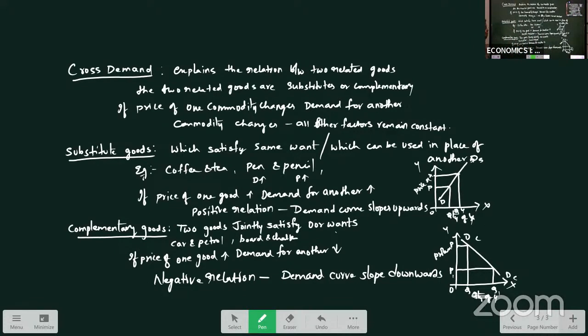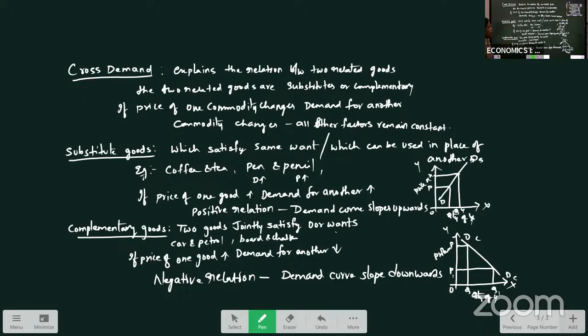Then next you have cross demand. Cross demand explains the relation between two related goods. The two related goods are either substitutes or complementaries. If the price of one commodity changes, demand for another commodity also changes. All other factors remain constant here. Income and technology will not affect the demand. There are two types of goods here.